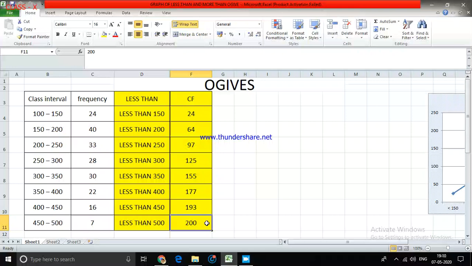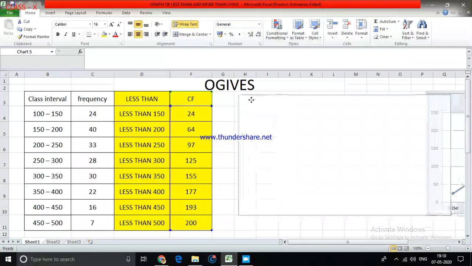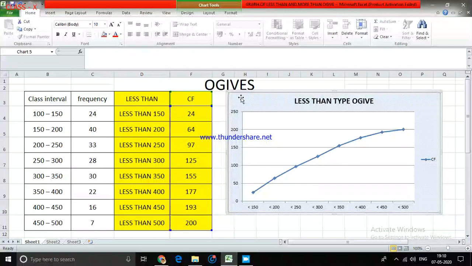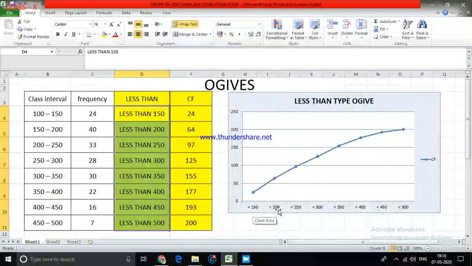Now using this, how do we represent it on the graph? This is the graph which we get by using the less than ogive. How to draw this graph? On the x-axis I'll take these less than values, less than 150, less than 200.